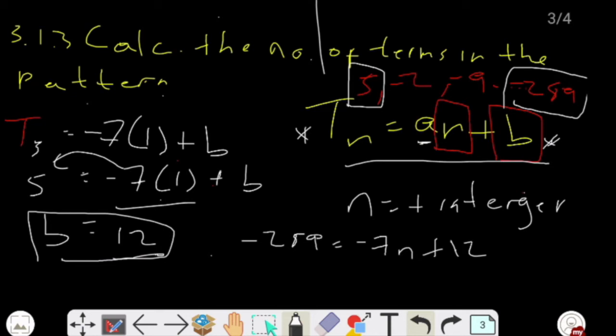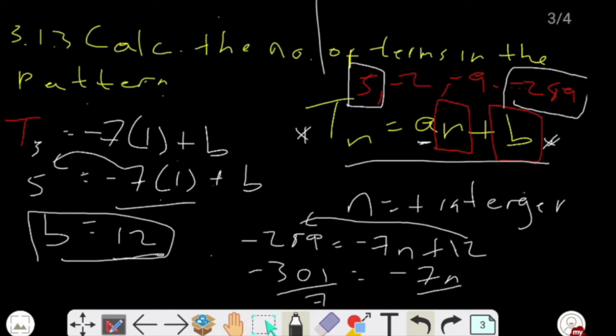You take the 12 to the other side, so 289 minus 12, which gives -301 equals -7n. Then you divide throughout by -7, because we are looking for n and the sign in front of the 7 is negative.